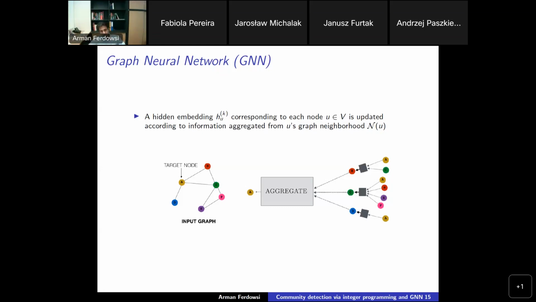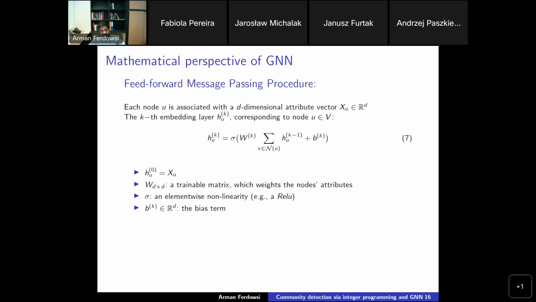Now, mathematically speaking, suppose that each node u is associated with a d-dimensional attribute vector that we represent with x_u belonging to the space R^d. Then the k-th embedding layer corresponding to node u can be obtained by the following recursive formula.